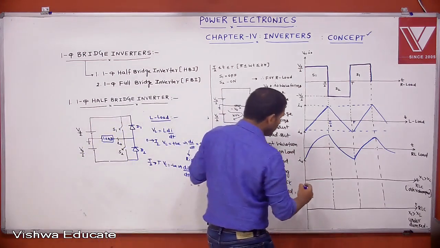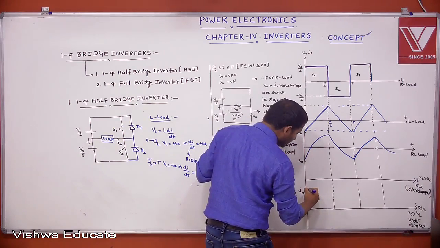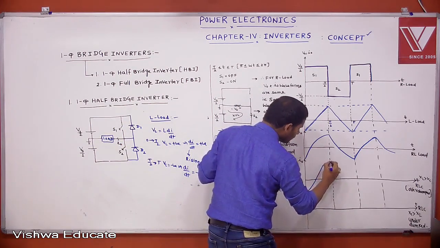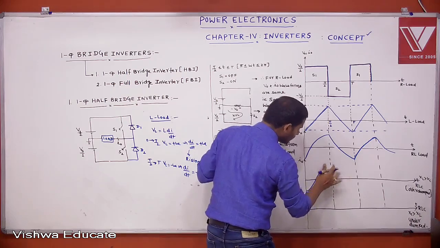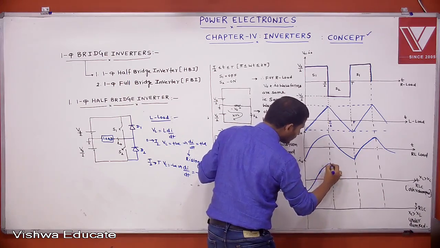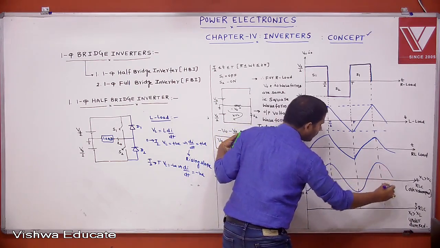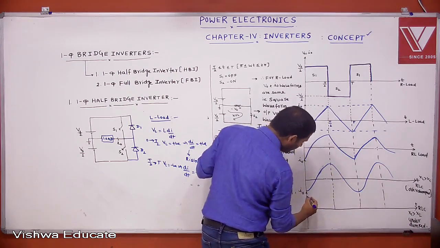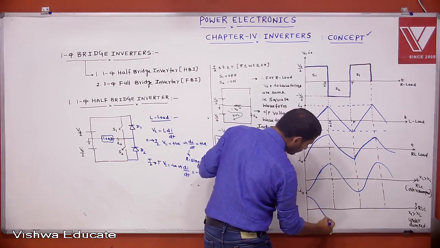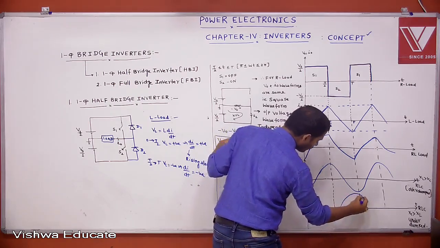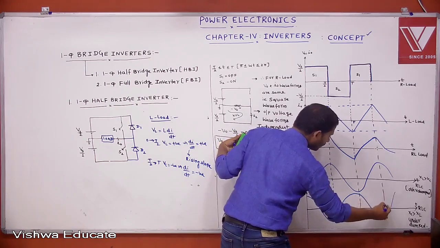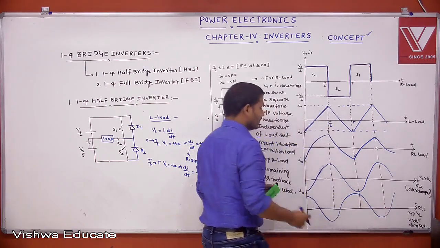XL greater than XC means lagging, but it is a sinusoidal oscillation. XC greater than XL means leading. Like this you can get.